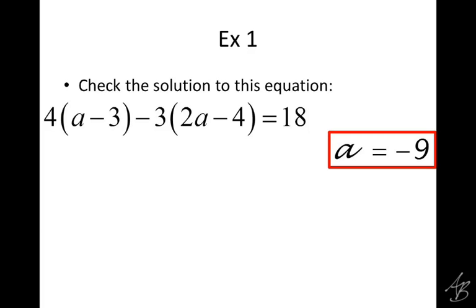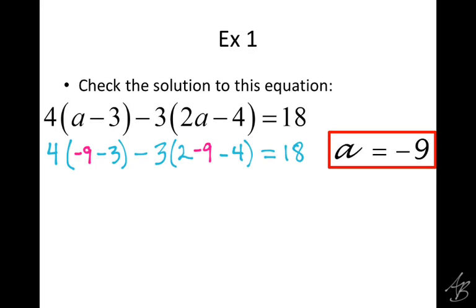So we've got 4 parentheses, negative 9, and then minus 3, open parentheses, 2, negative 9, minus 4, equals 18. I just rewrote this equation, and anywhere I saw an a, I put in a negative 9.